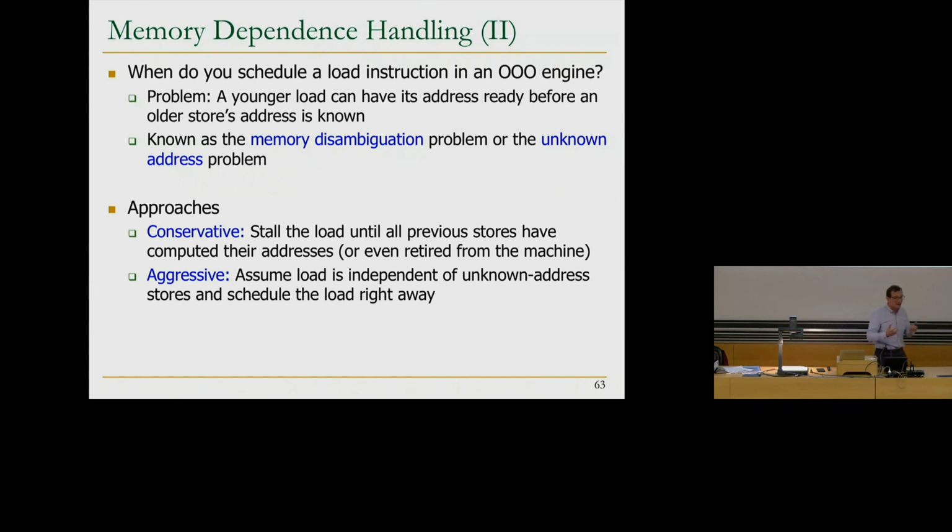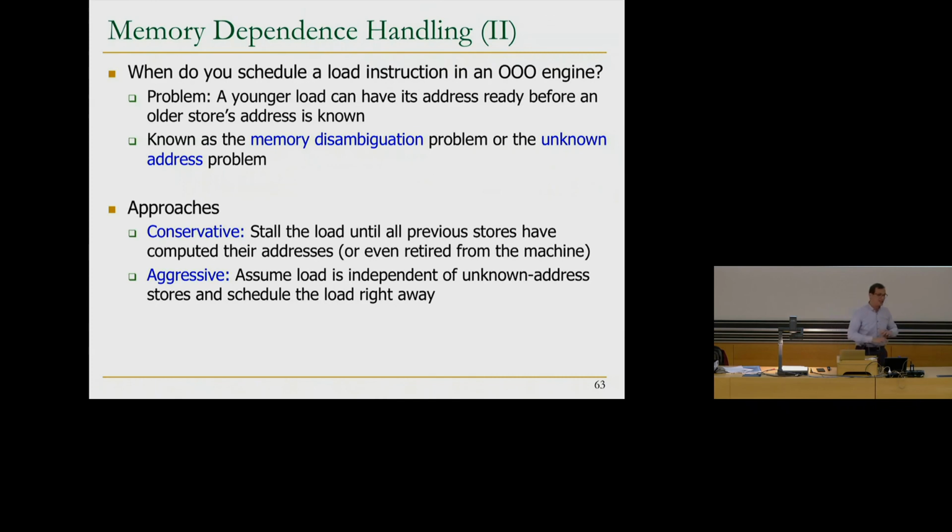This is an example of predicting something in a machine. This also doesn't work extremely well, although it's usually better than the conservative approach. It adds additional machinery to check. If you're wrong, you should re-execute this load and get the correct value. So if you're wrong, you flush the pipeline, basically.